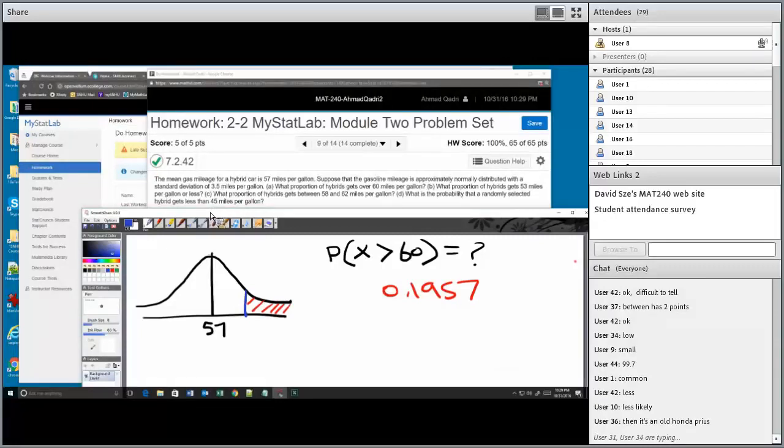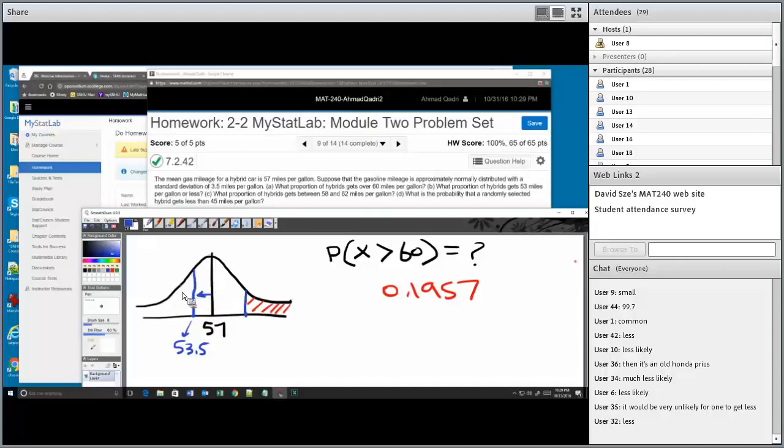Would it be common, or very unlikely? Look, one standard deviation is 3.5 away from 57. So if I create the line in this direction, 57 minus 3.5 is 53.5, so 53.5 is one standard deviation away.